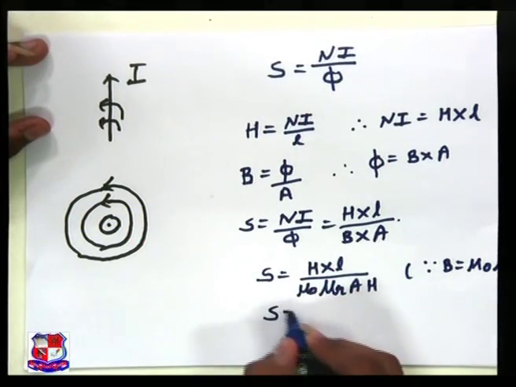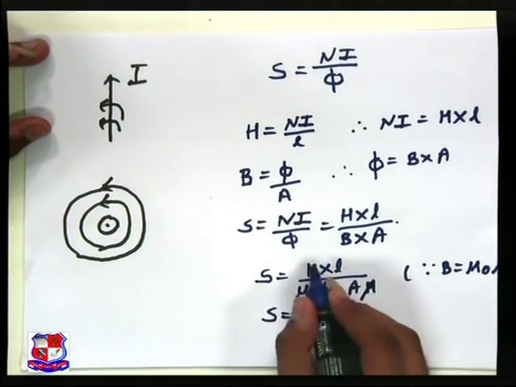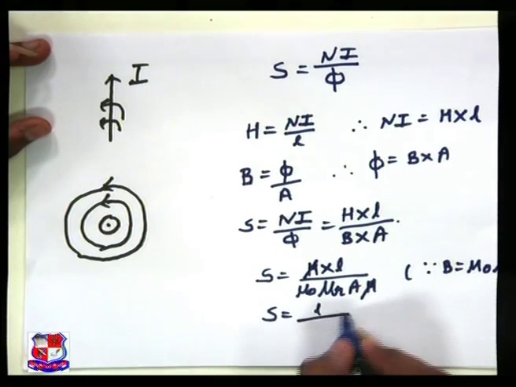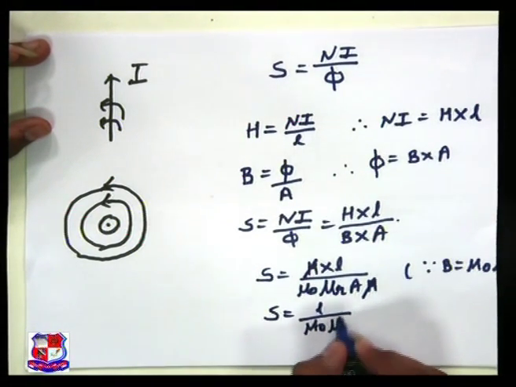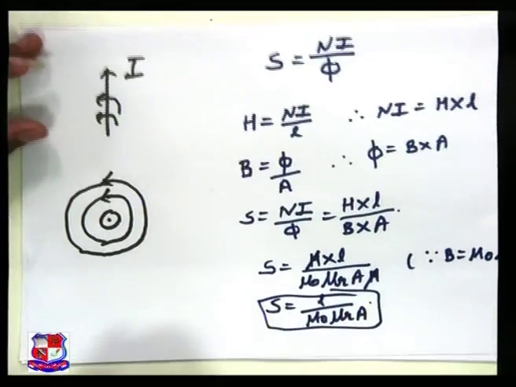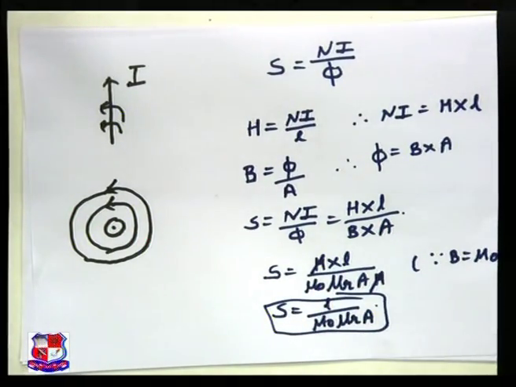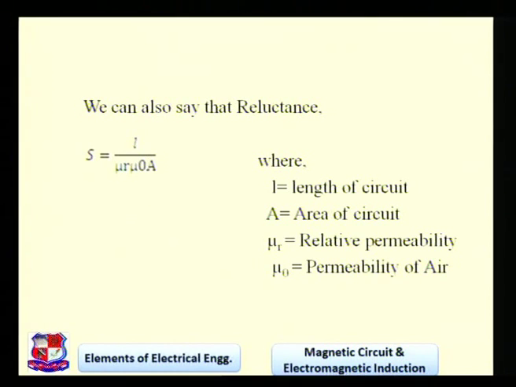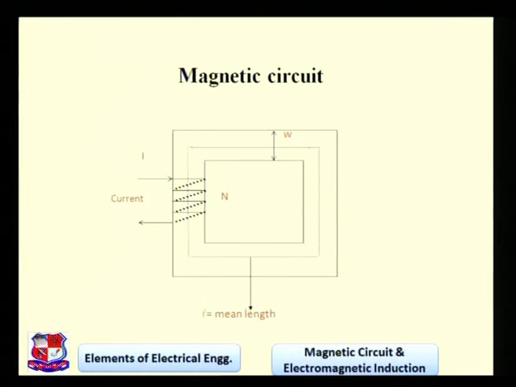So finally we can conclude that S is equal to L by mu 0 into mu R into A. So friends, this is reluctance.